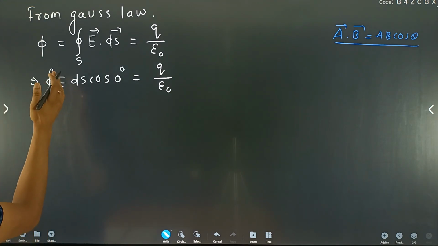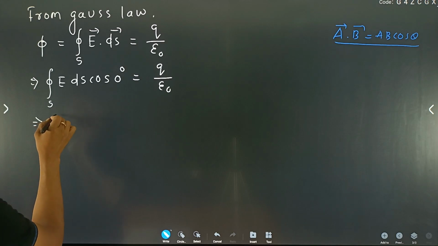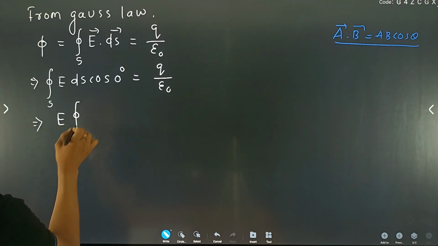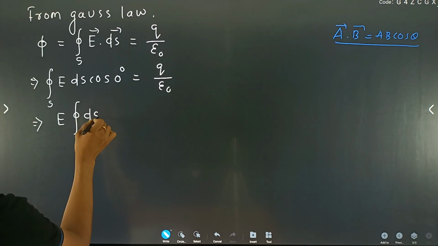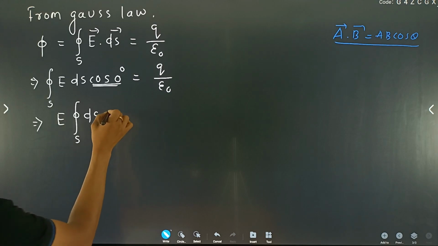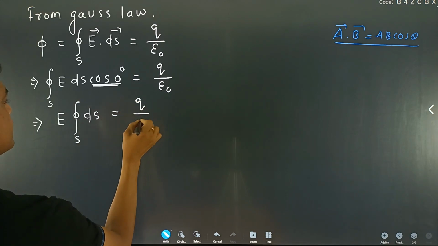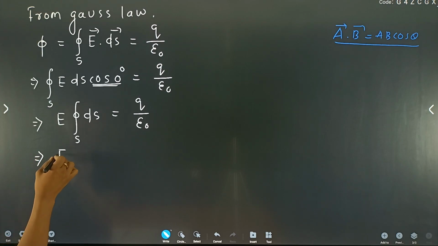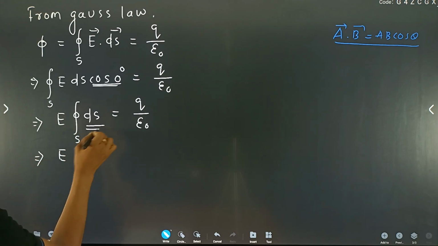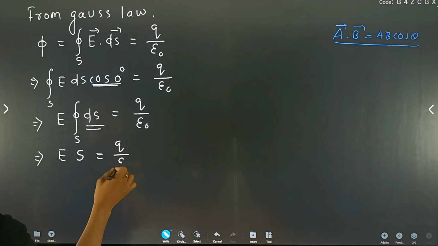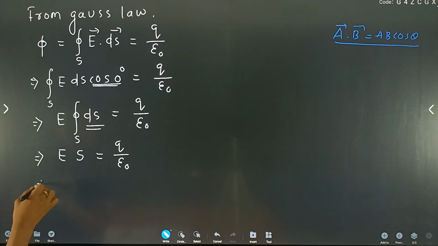That implies we take the electric field outside of the integration, E times the integration over a closed surface of ds cos 0, you know that is 1, is equal to q divided by epsilon 0. That implies the integration of ds, that is S, is equal to q divided by epsilon 0.